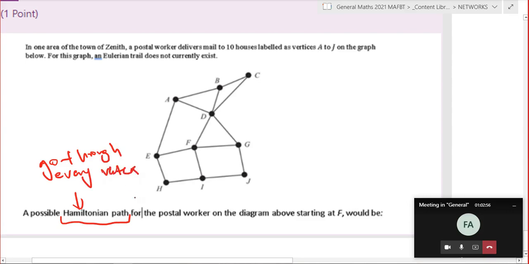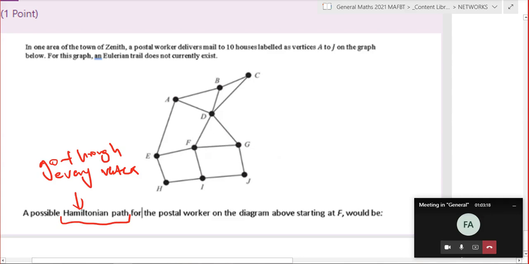Now, because it's a path, you don't have to start and finish at the same spot. But the question does say you have to start at F and you can finish anywhere. So we're looking for a Hamiltonian path where you go through every single vertex just once. Not every edge, every vertex, but you have to start at F.